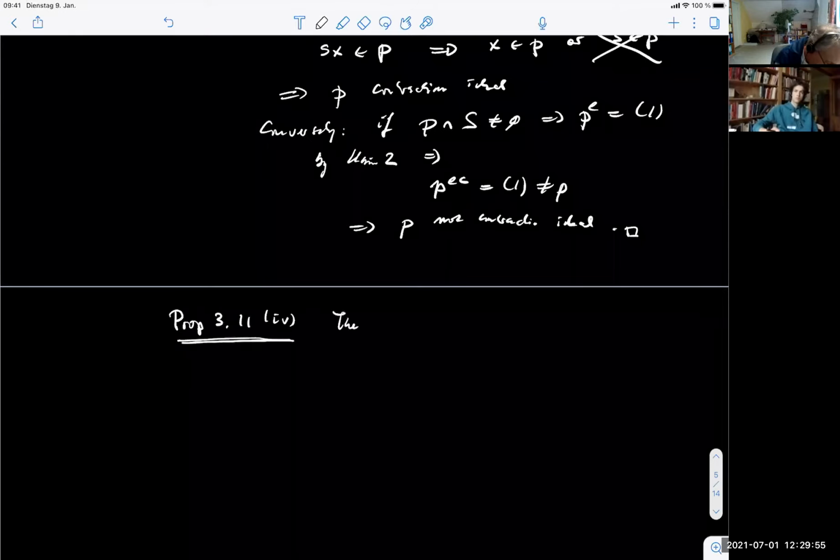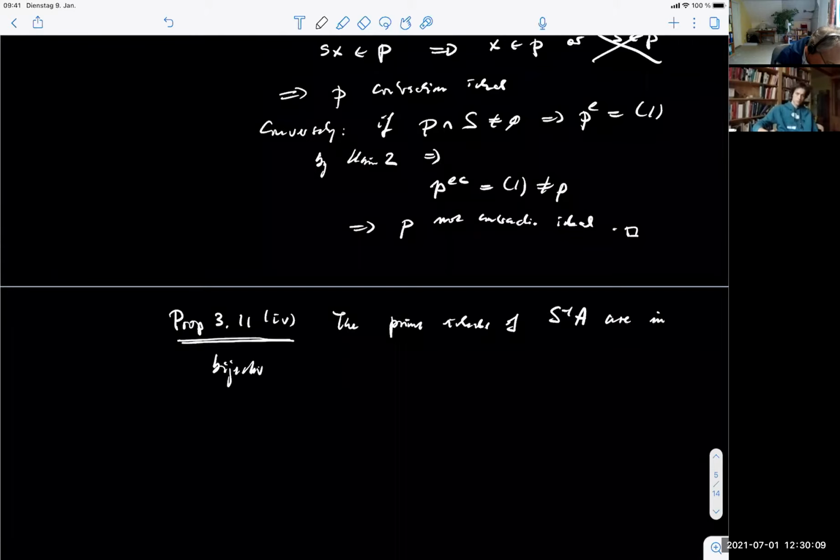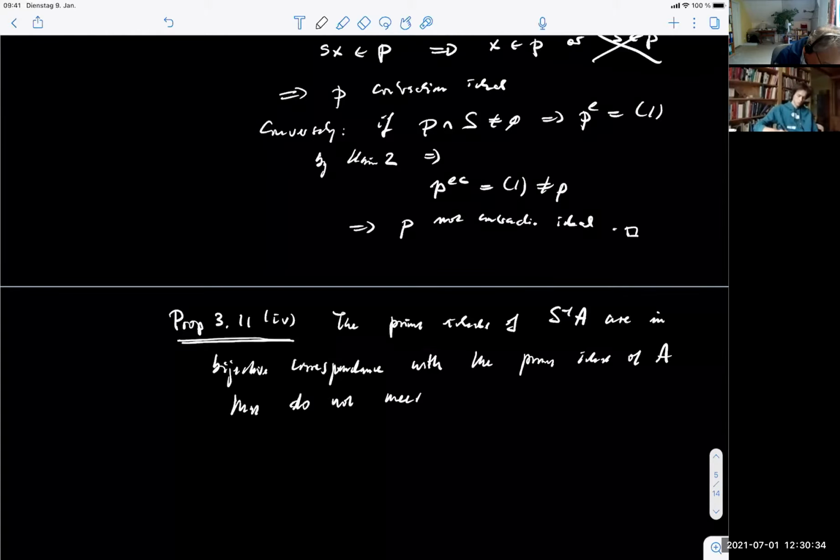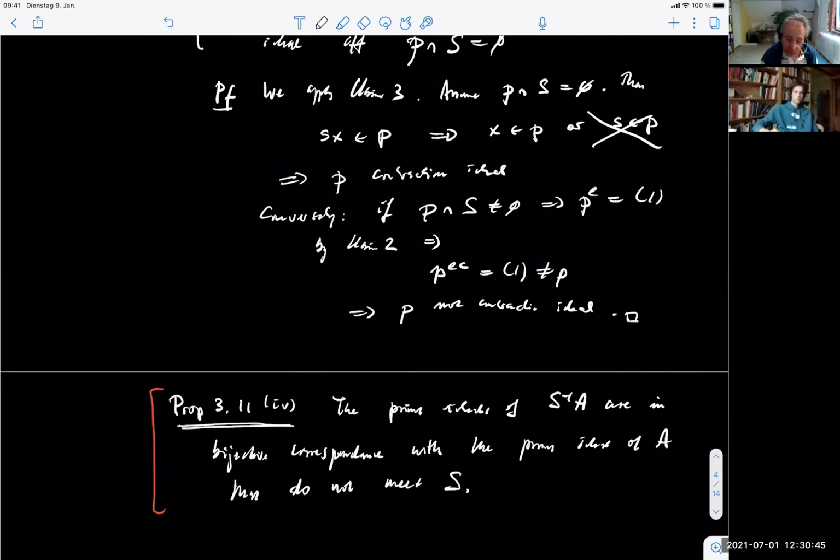The prime ideals of this localization ring are in bijective correspondence with the prime ideals of A that do not meet S. Very important. Okay, so I have shown this.